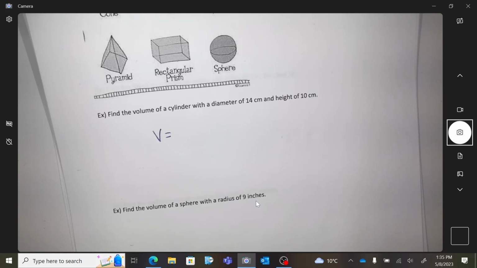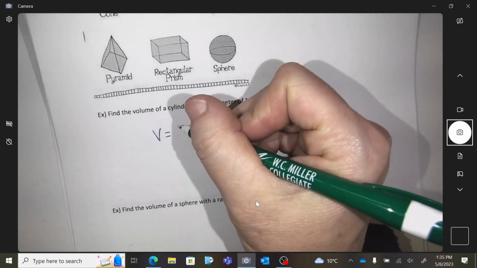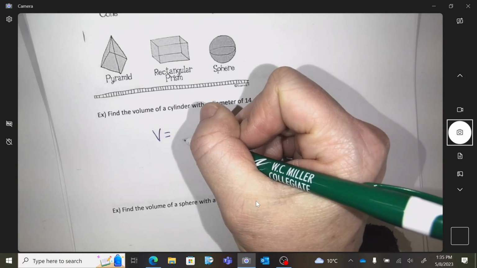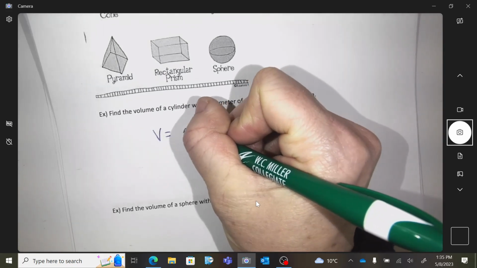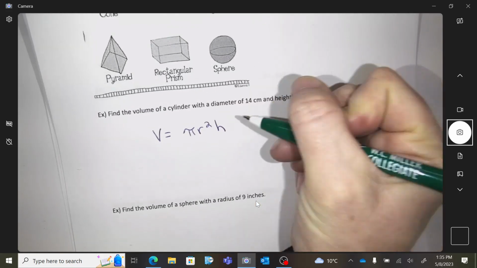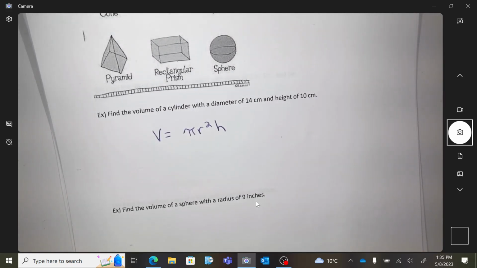So volume of a cylinder equals, and I'm not looking at it, is it pi r squared h? Pi r squared h. Okay, so V stands for the volume. Pi, everybody knows now their pi button. No one is pushing 3.14 into their calculator, right? You're pushing the pi button.